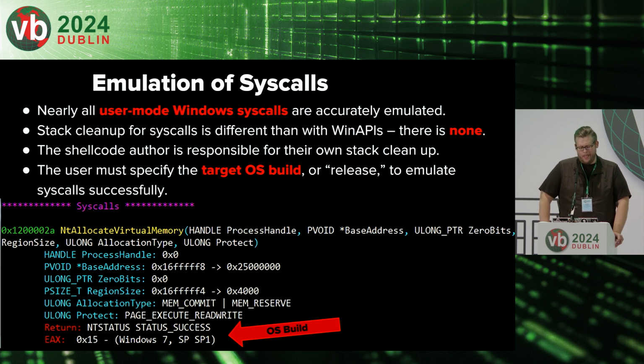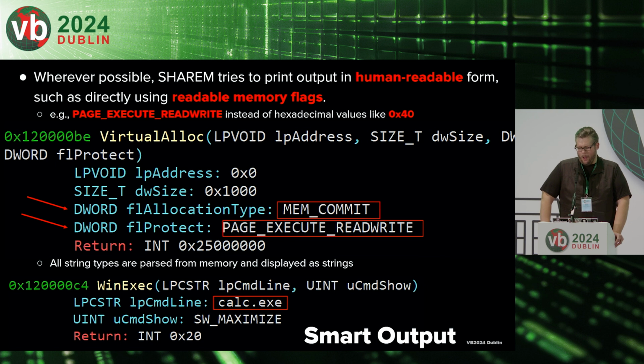So here we have NtAllocateVirtualMemory, and you can specify the exact OS build and get the correct determination of the syscall. Whenever possible, we try to provide what we call smart output. So rather than just having boring hexadecimal values, we'll provide human-readable values. Some of you probably know hex 40 is going to be page execute, read write, but maybe not everybody.